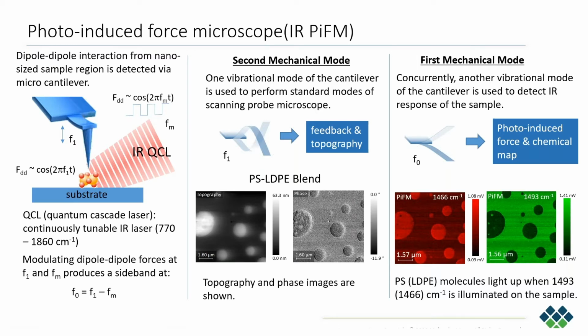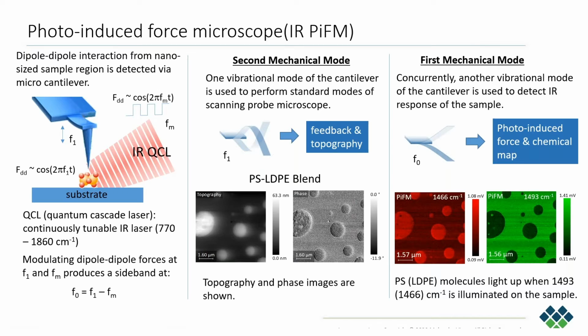Whenever the tip is on top of an LDPE molecule, there will be more attractive force, and that F0 amplitude will increase. So by monitoring that amplitude and plotting it as a function of location, we can generate that red image. Wherever you see a strong attractive force or signal, that's where the LDPE molecules are.